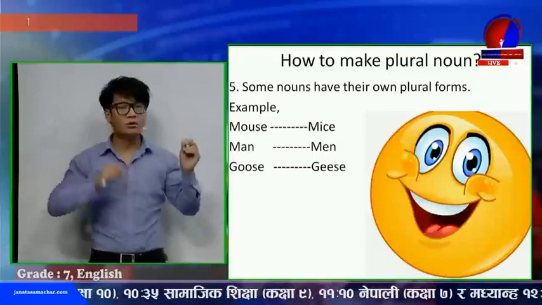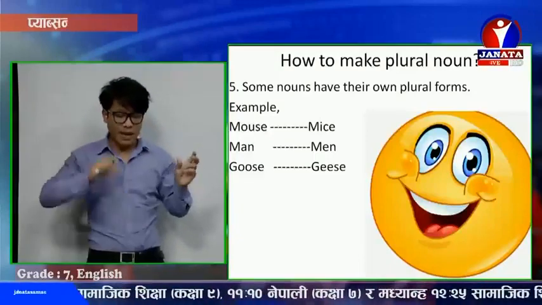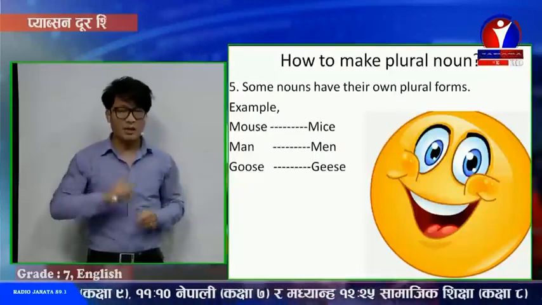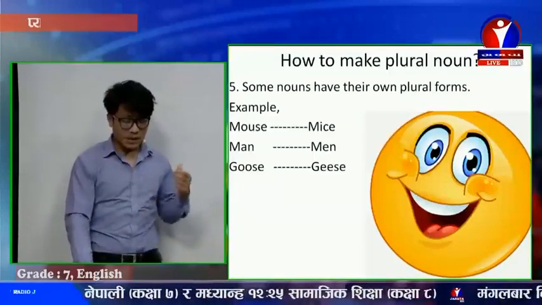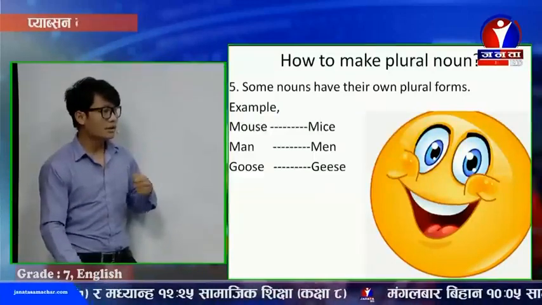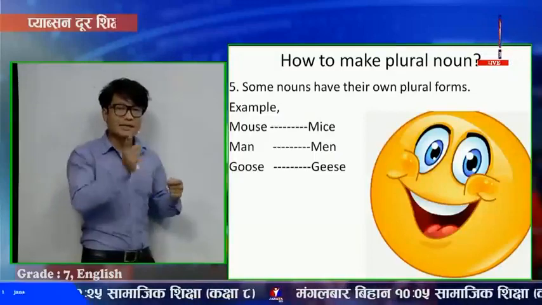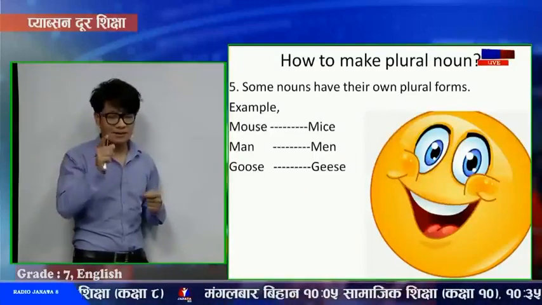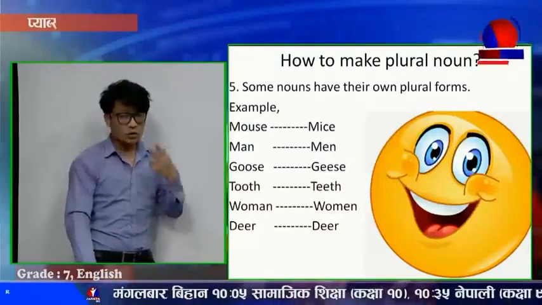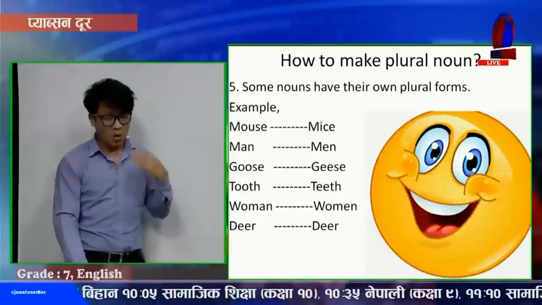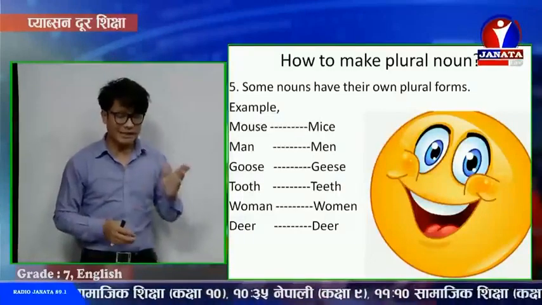So mouse, mice, man, men, goose, geese. G-O-O-S-E, goose. Its plural form is G-E-E-S-E, geese. Tooth, teeth, woman, women, deer, deer.